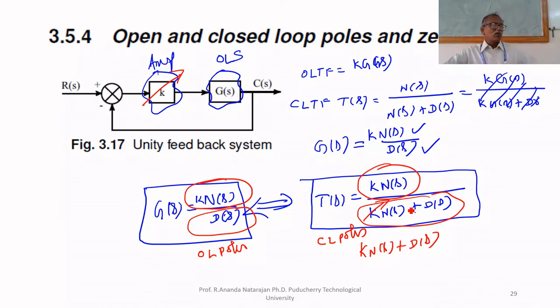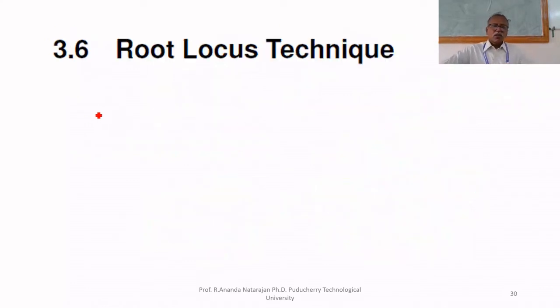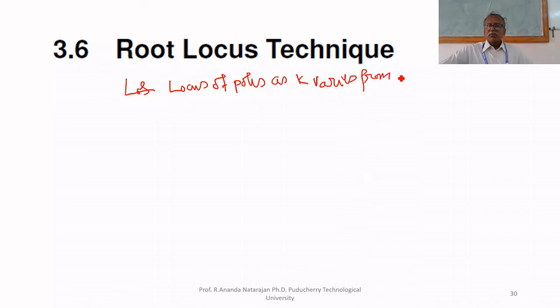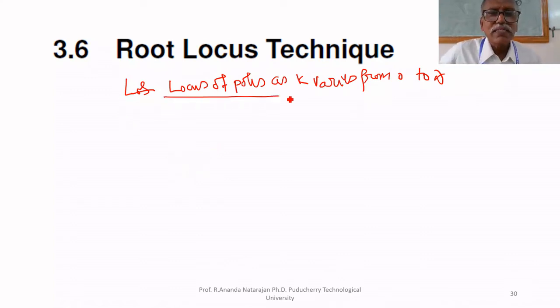If you plot the poles, then it is called root locus. Locus of poles as k varies from 0 to infinity is called root locus.